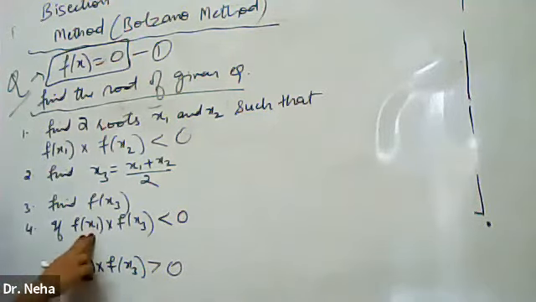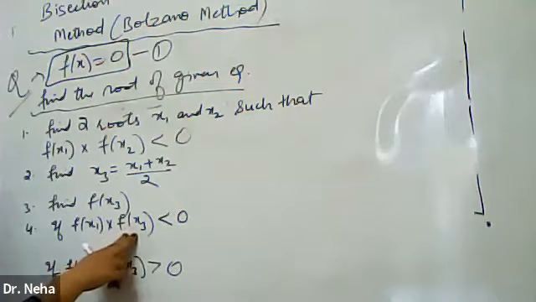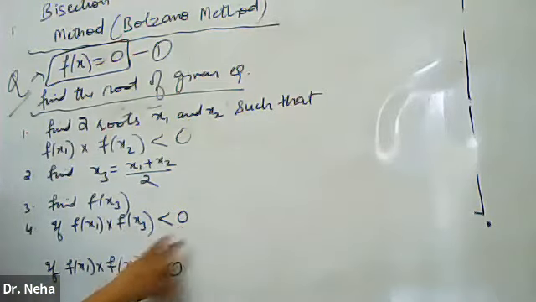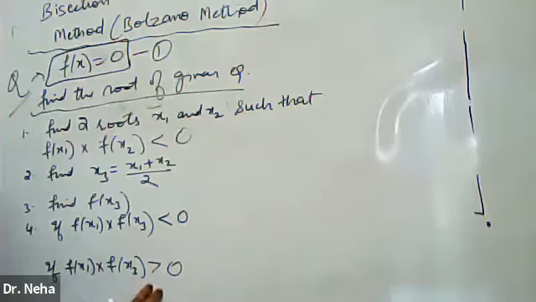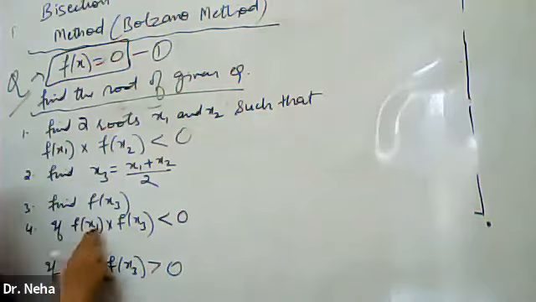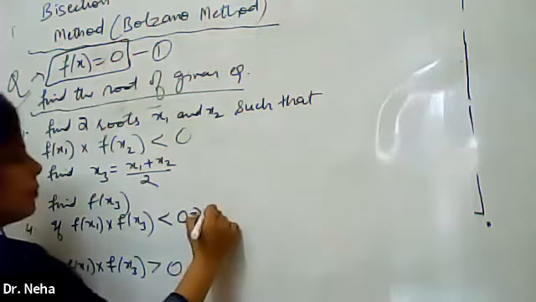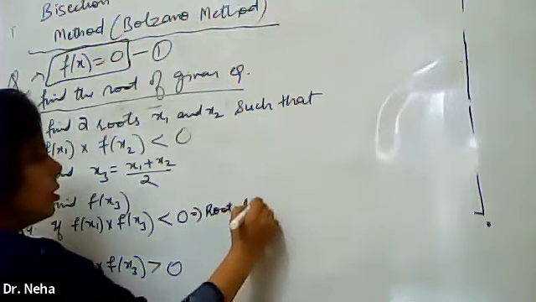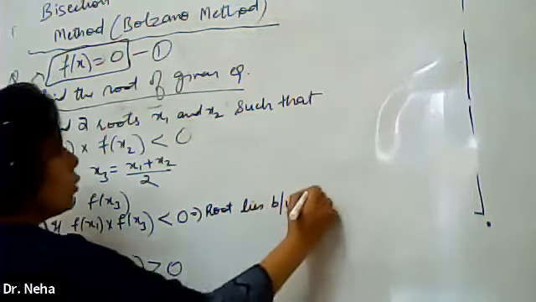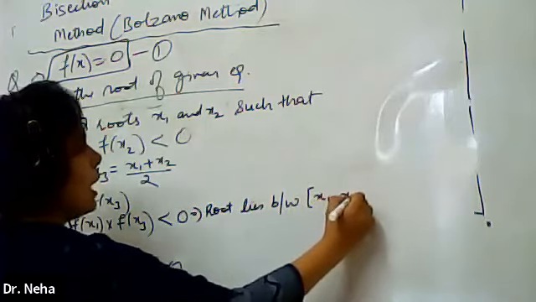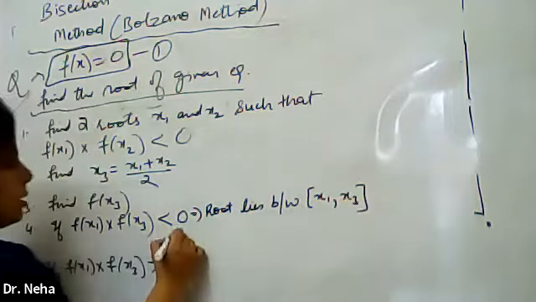We have to multiply fx1 into fx3 always. It will be either less than 0 or greater than 0. But if it is equal to 0, then we will stop there. Now, what is the first condition? If fx1 into fx3 is negative, this implies root lies between x1 and x3.